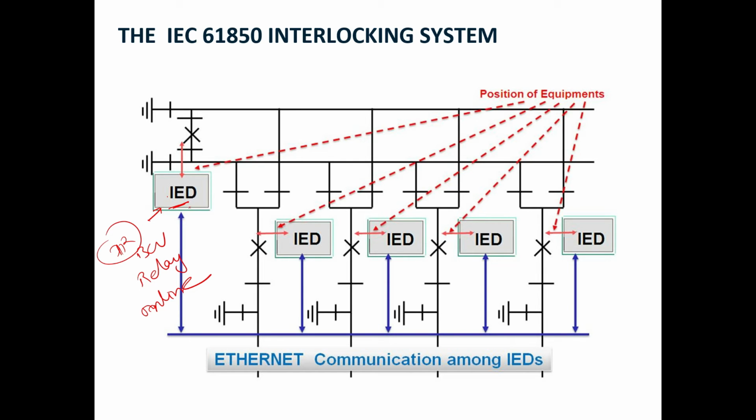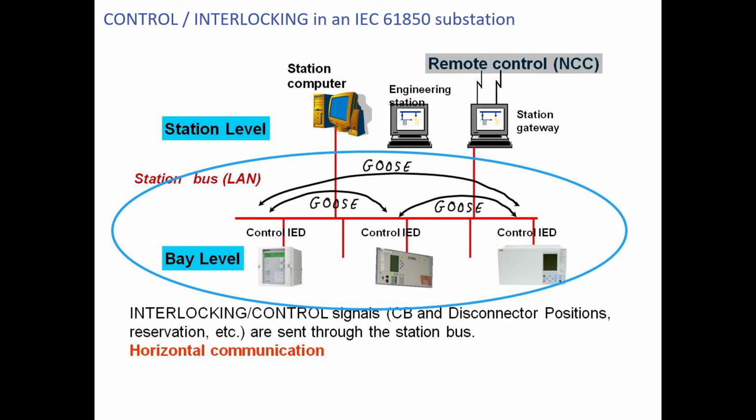In these IEDs you have the information of the individual breakers and isolators of each bay, and you can transfer this information from one IED to a second IED through the Ethernet communication channel, which is defined in the 61850 standard.